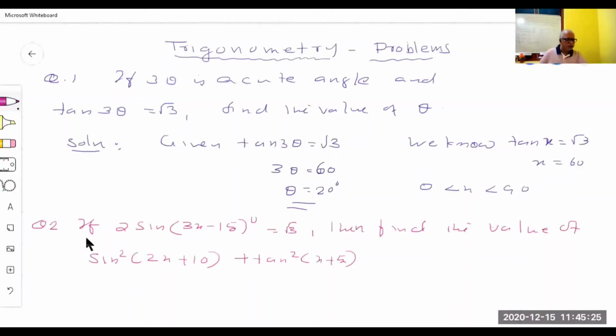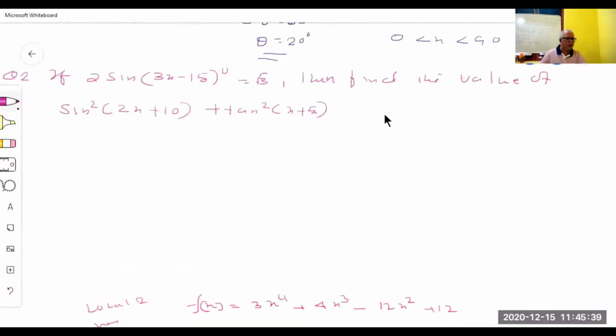The question is: if 2 sine (3x minus 15 degrees) is equal to root 3, then find the value of sine square (2x plus 10) plus tan square (x plus 5). The problem is very simple.